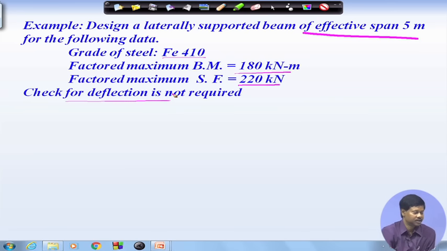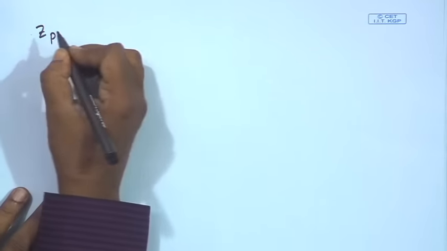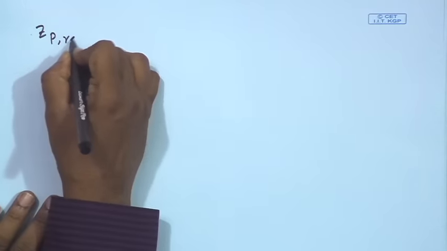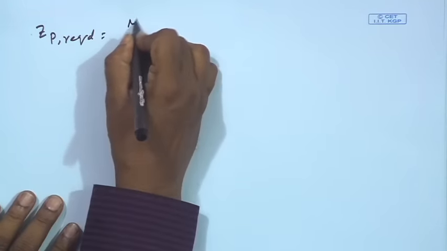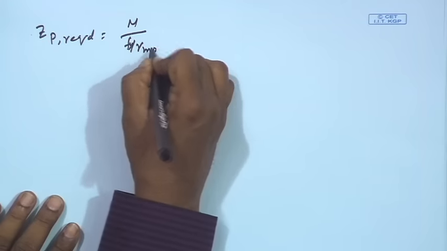So, first we will try to find out the Zp required, that is the plastic section modulus required. Zp required will be M by Fy by gamma m0.